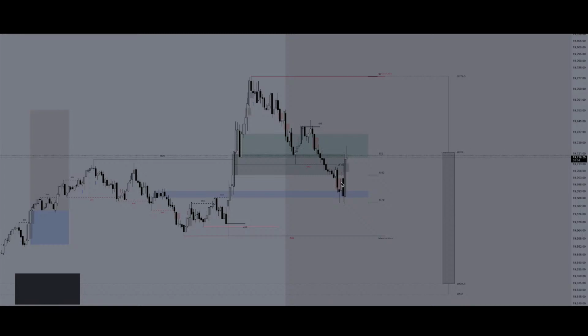Yeah, but we're not even in our trading window yet. Still got 30 minutes until our trading window. So we just have to wait and see, guys. I really want this manipulation to be over by the time we get to our trading window. We need to be in distribution.